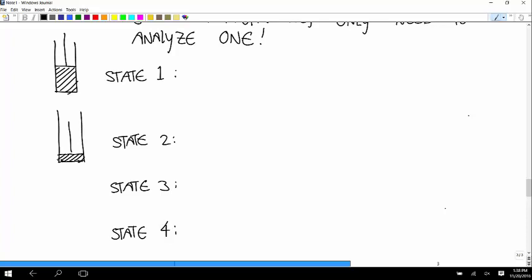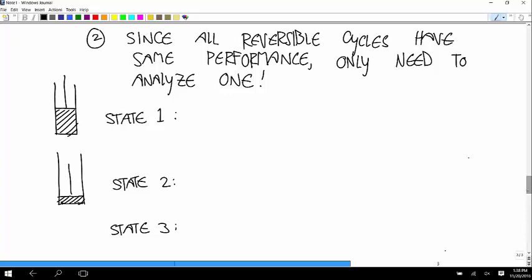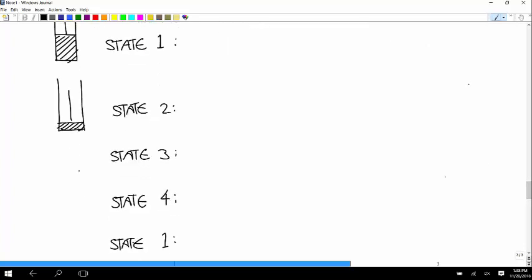At state 3, it's now expanded, so it's halfway full.